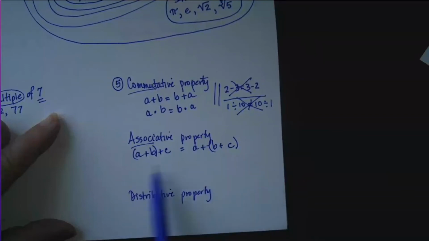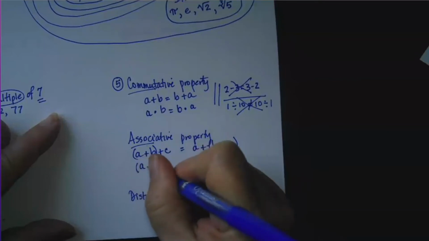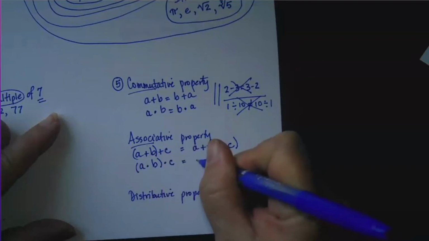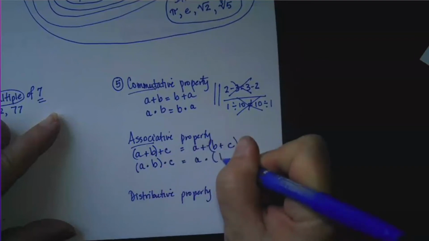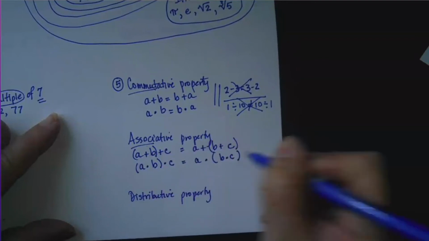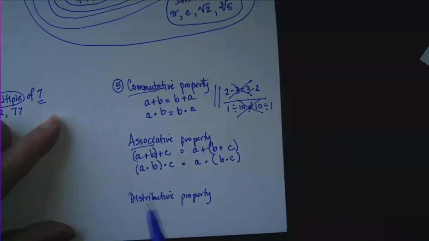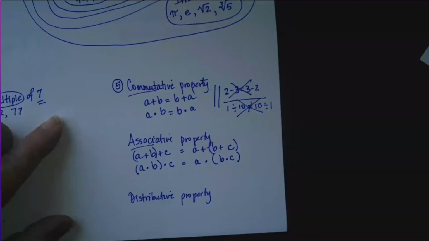The sum will stay the same. The same holds true with multiplication. A times B times C is the same thing as A times B times C. It doesn't matter which two you multiply together. If all the operations going on are multiplication or addition, then the associative property holds true. Equality holds. Again, it does not work under subtraction or division.